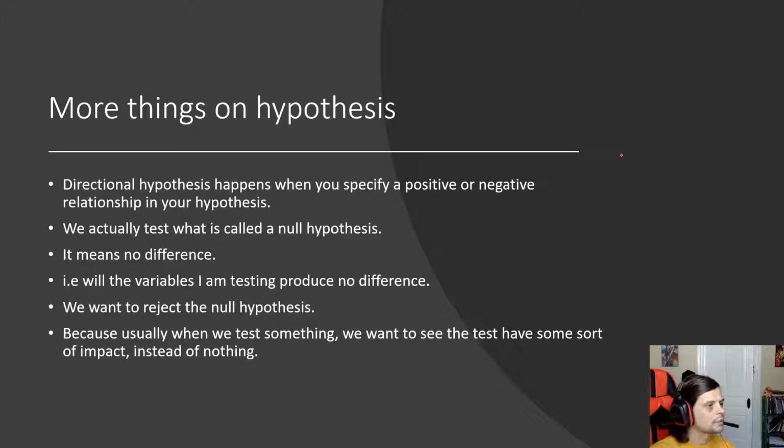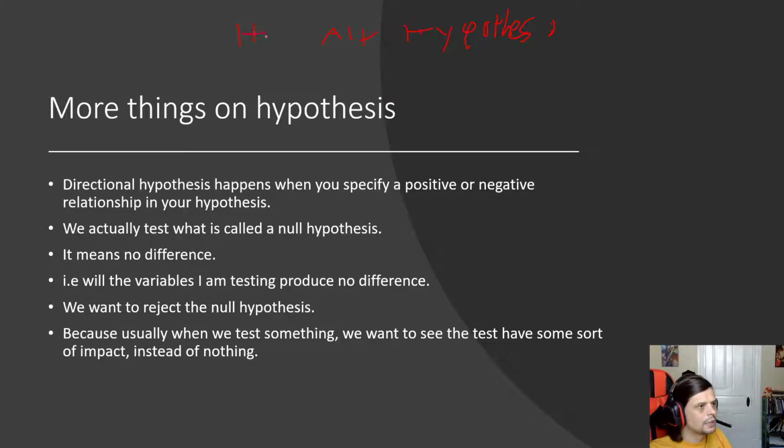I kind of covered directional hypothesis already. When you specify a positive or negative relationship in your hypothesis, you also have to do a null hypothesis. So now we have the actual hypothesis, or your alt. This is called alt, your actual hypothesis. It's also called H1.